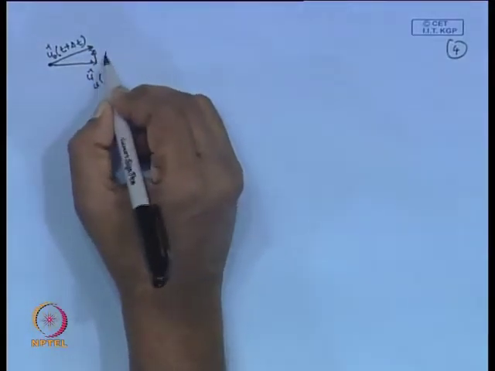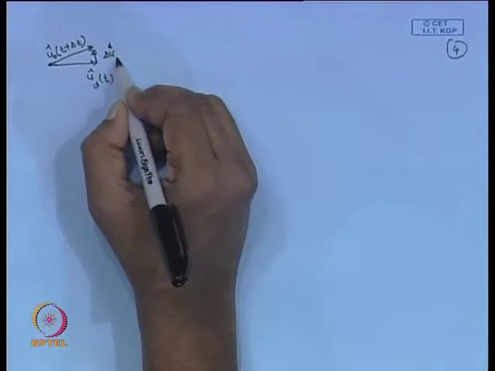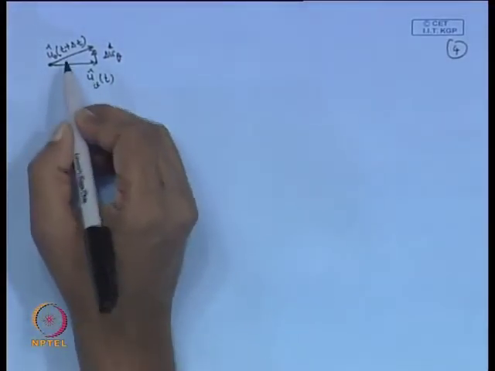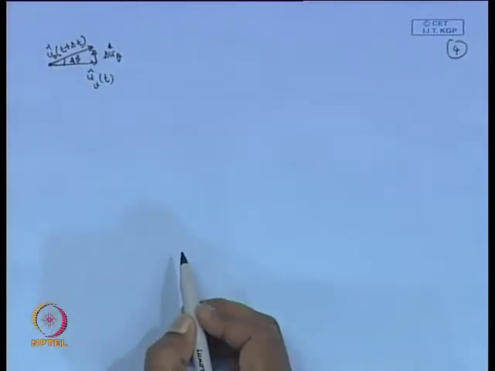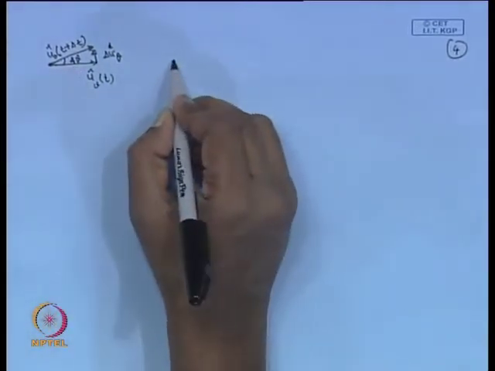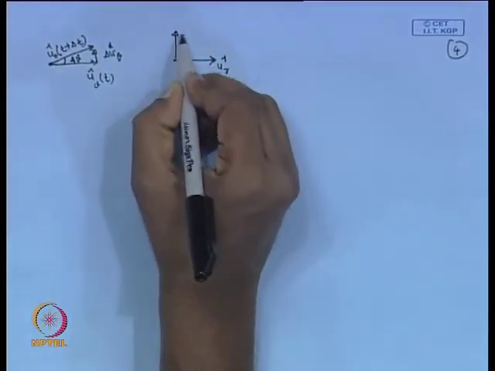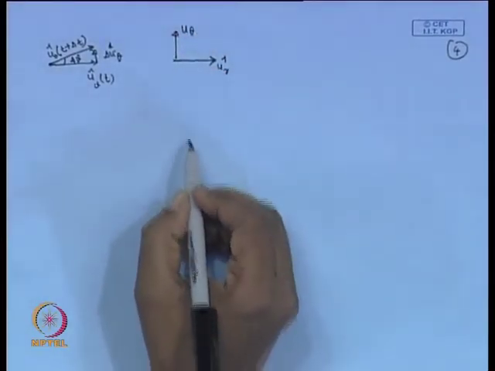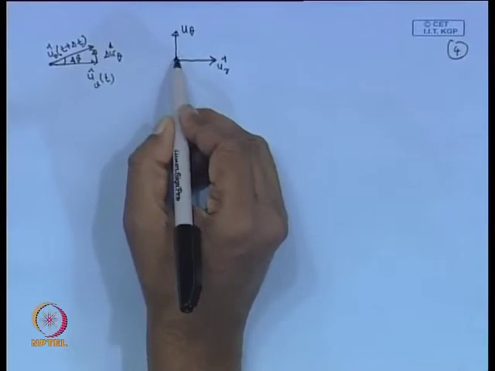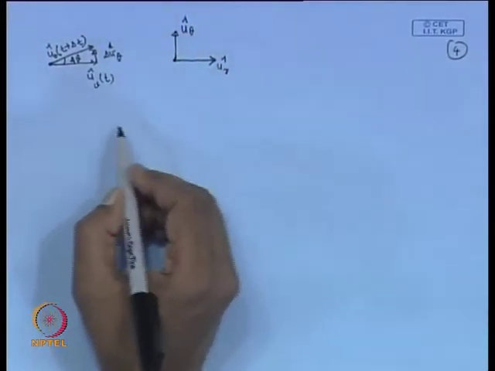The net change is delta u theta cap, and this vector rotates by an amount delta theta. See, the vectors are like this. This is the u r vector and perpendicular to this is the u theta vector. Both of them rotate at the same rate.